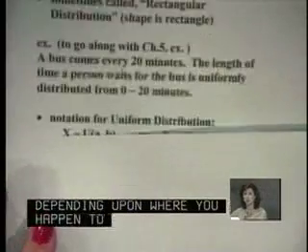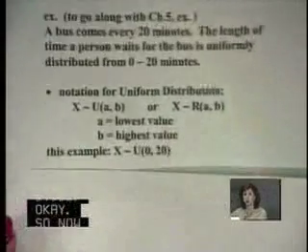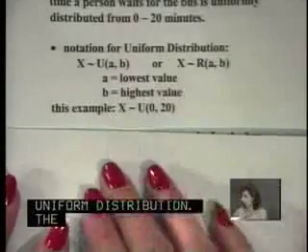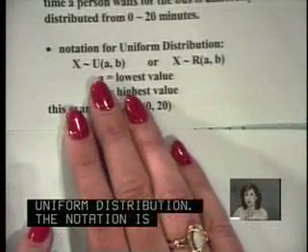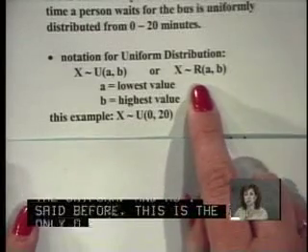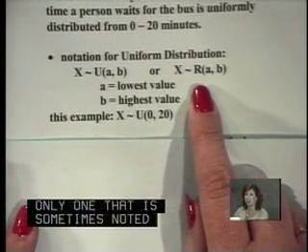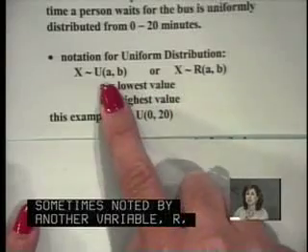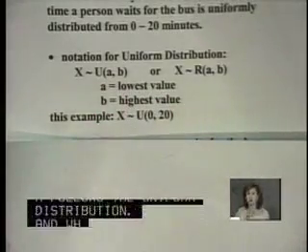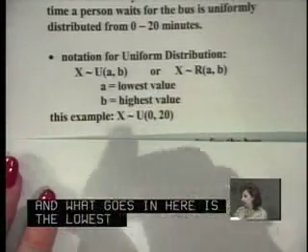Now we're going to use the notation for the uniform distribution. The notation is x follows the uniform, and as I said before, this is the only one that is sometimes noted by another variable, r, but not very often. X follows the uniform distribution, and what goes in here is the lowest value and the highest value.